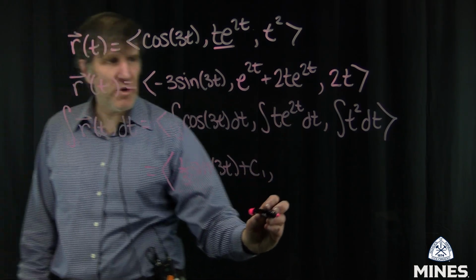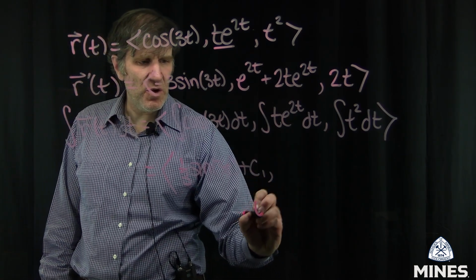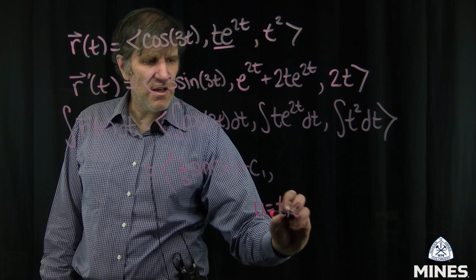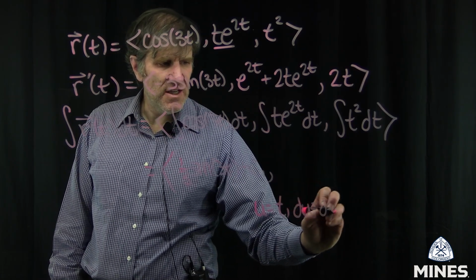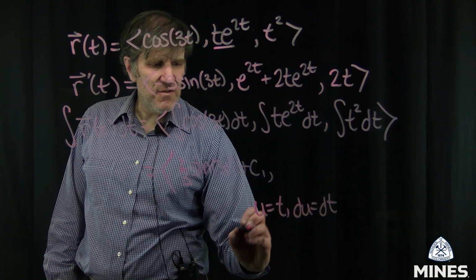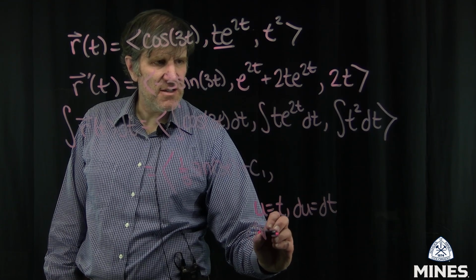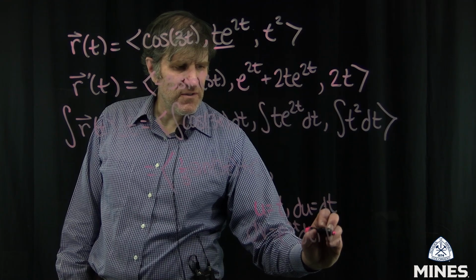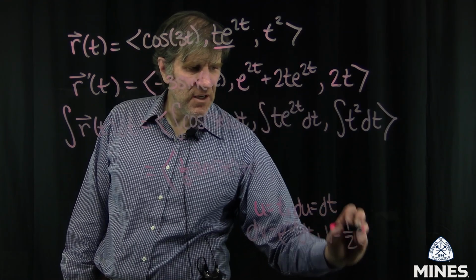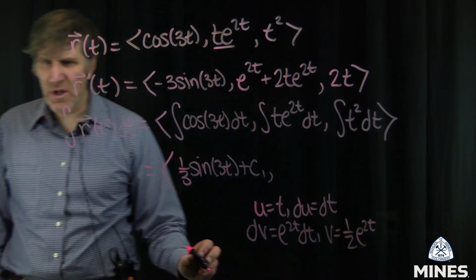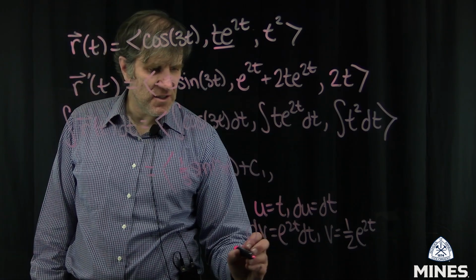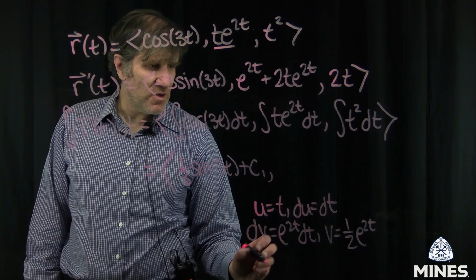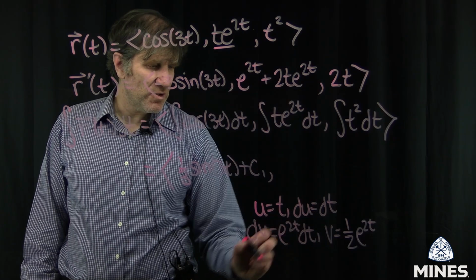For the second one, we need integration by parts. So I'm going to let u equal t, then du is dt. That leaves the rest of that integrand. dv is e to the 2t dt, and the antiderivative of that is 1/2 e to the 2t. So the integral is equal to uv minus the integral of v du.